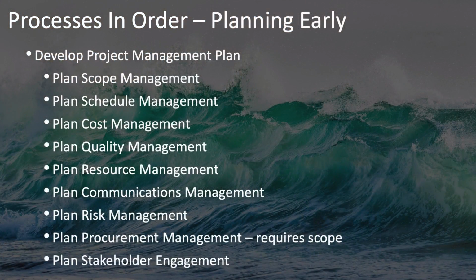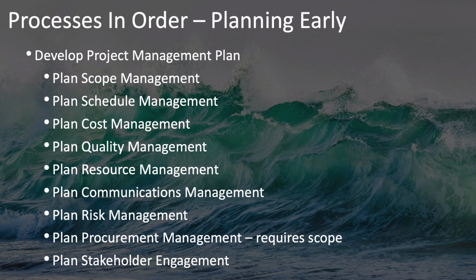Next, we come to planning. In which order should you do all of these different planning processes? Well, as you look at the Develop Project Management Plan process, it includes all of these subsidiary plans. So one approach is to develop all of these plans all up front before you do anything else. And you can do this.